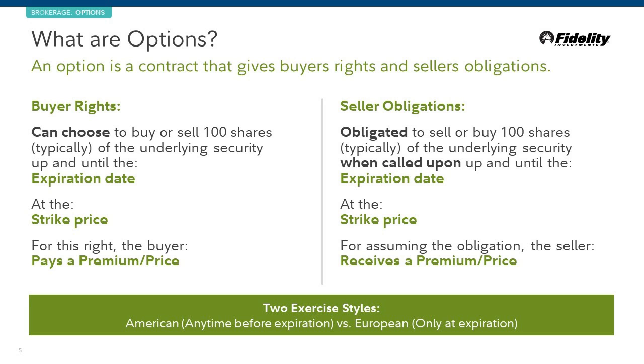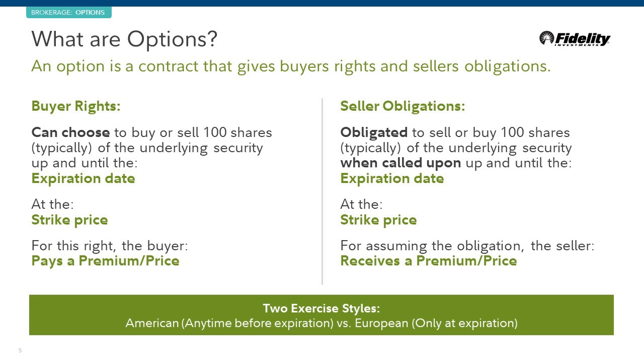So again, at that simplest form, since the option is a contract between buyers and sellers, you can choose whether you want to be a buyer and have rights to either buy or sell, or if you want to be a seller, you're going to have an obligation to either sell or buy 100 shares.